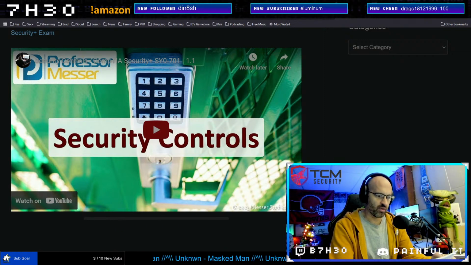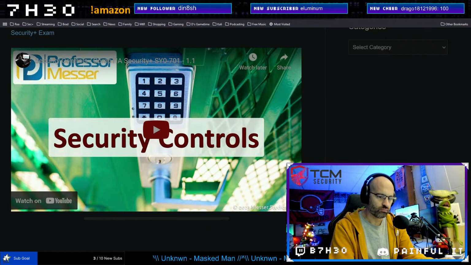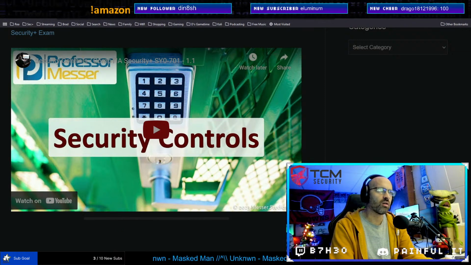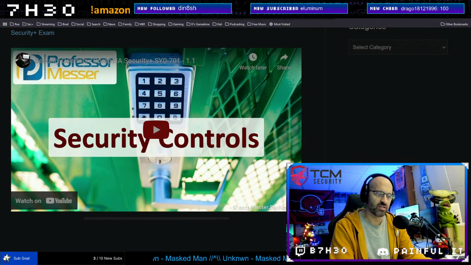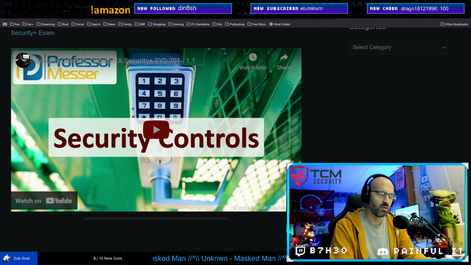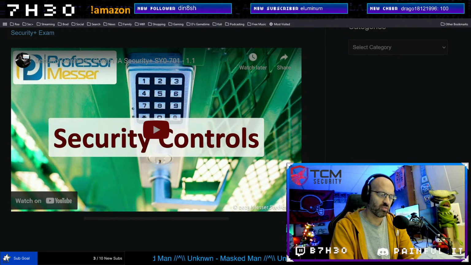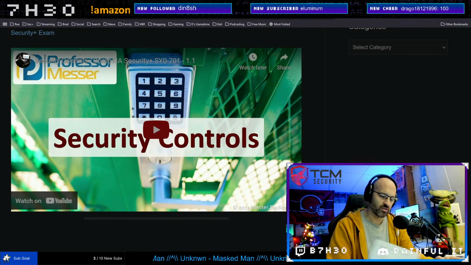Regarding control categories, describe technical controls. These are controls implemented using systems, operating system controls. Examples are firewall, antivirus.